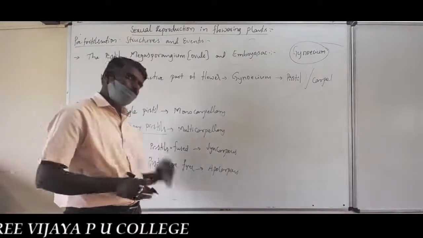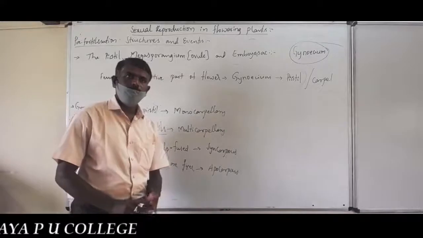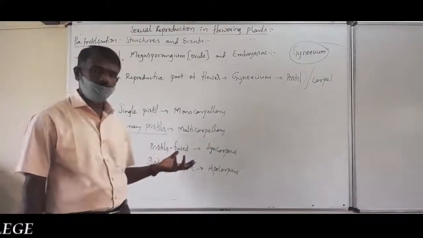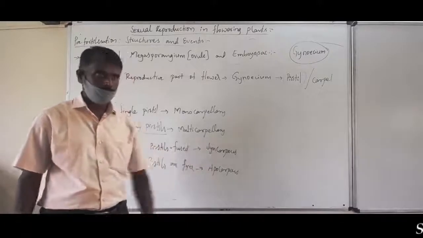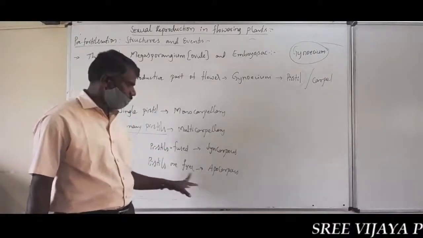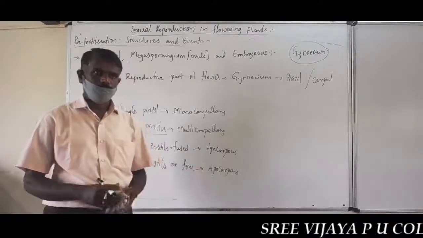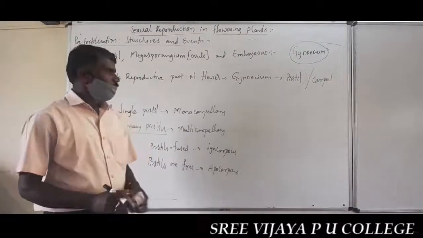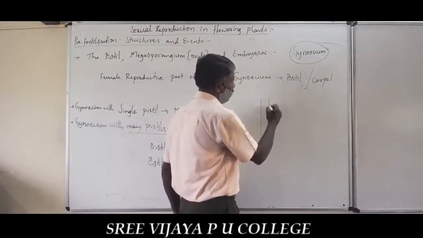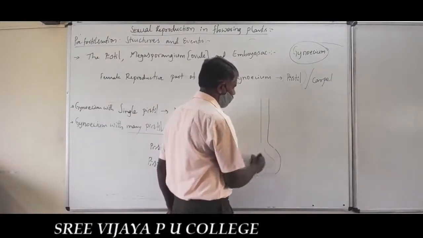Even in the gynoecium, the ovary has locules. Locules are also sometimes fused, which is called a syncarpous ovary. If the locules are in a free condition, that is an apocarpous ovary. Each pistil consists of three important parts.